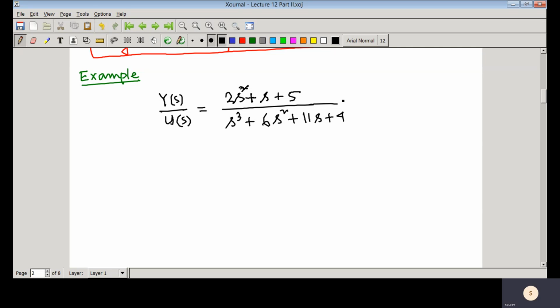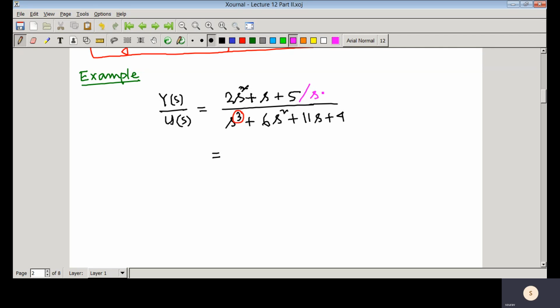So here, the degree of the denominator polynomial is 3. In the first step, you need to divide the numerator and denominator by the maximum degree of the denominator. If you divide numerator and denominator by s cube, then what will you get?